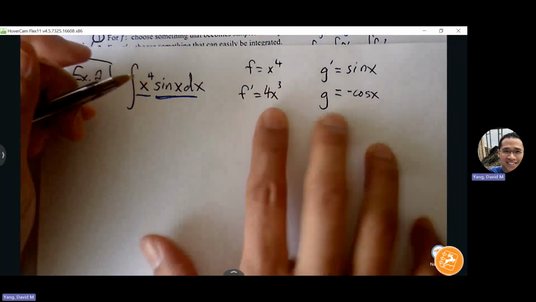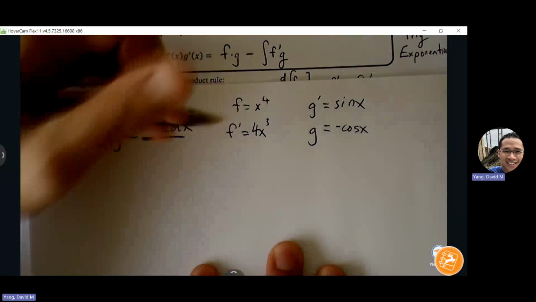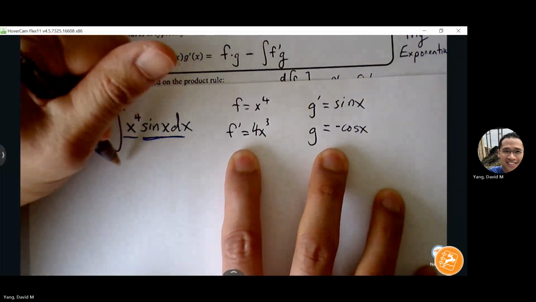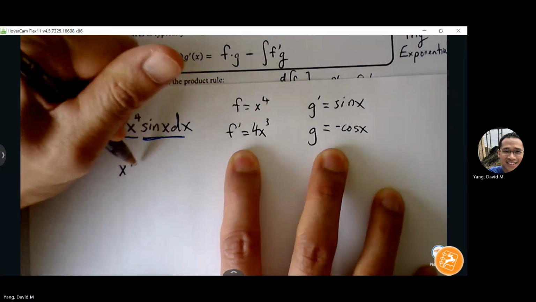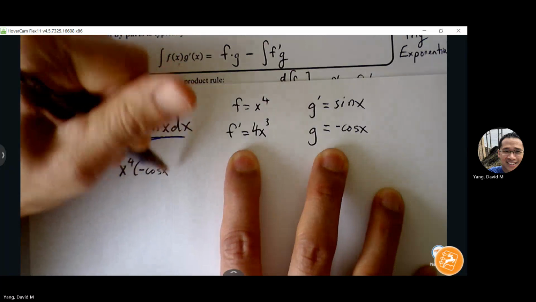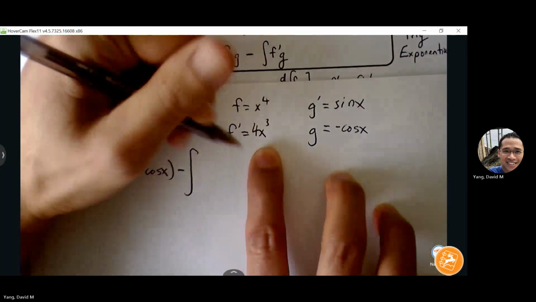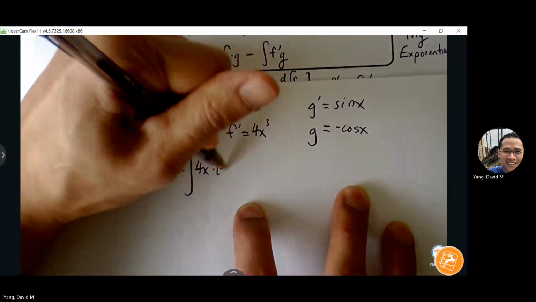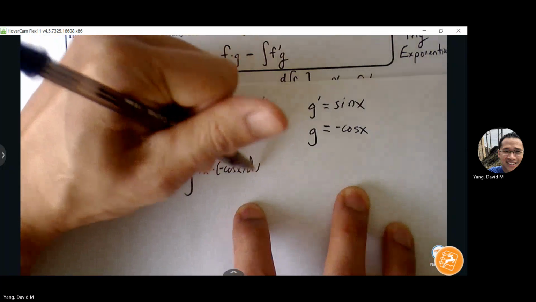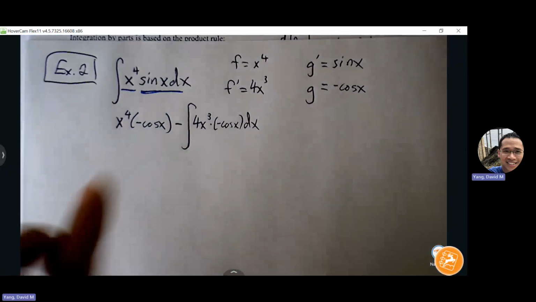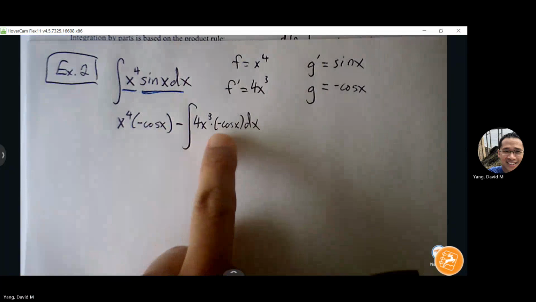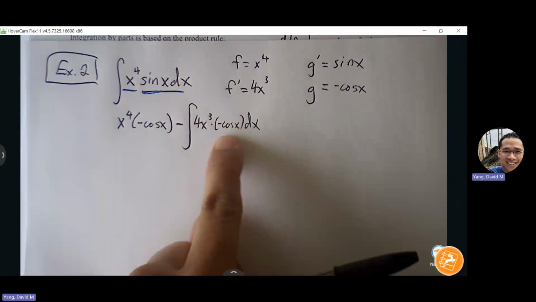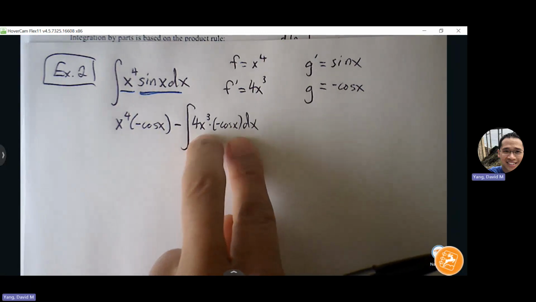Okay, so now my formula here is fg minus the integral of f prime g. Now, this portion is complete. This, we have to keep going. Now, look at this problem here. This is going to require another what?